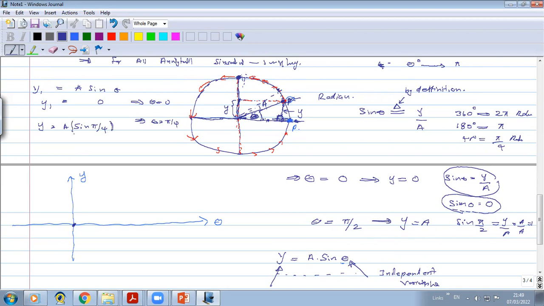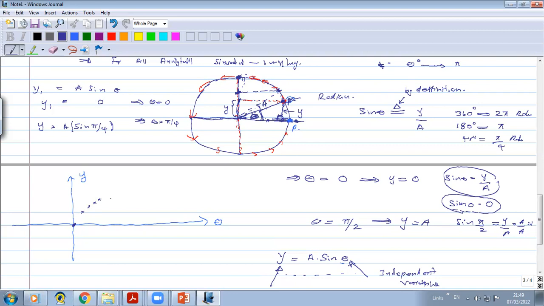So what is this value? This value multiplied by this a, you will get this length at theta equal to 45, π by 4. So you will get some value here, and you can mark that value like this. Likewise, you can mark some value like this. Then what happens if theta is equal to π by 2?